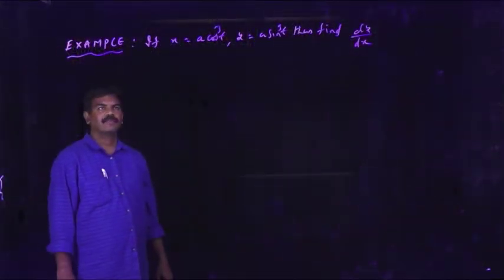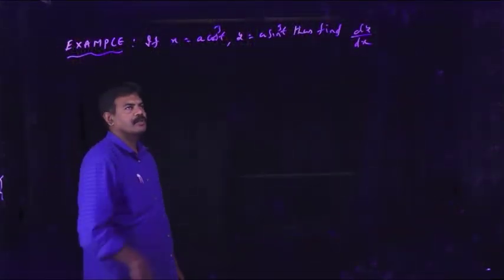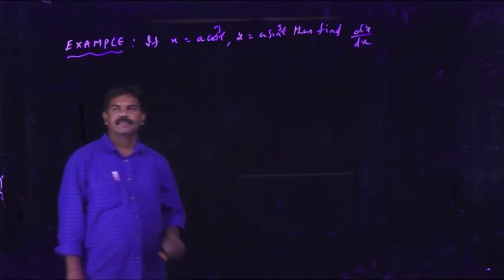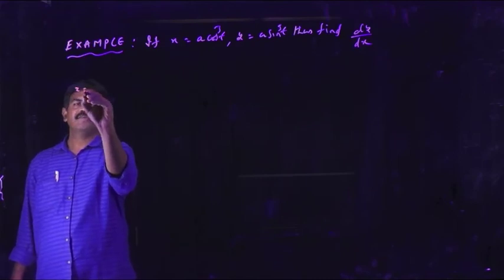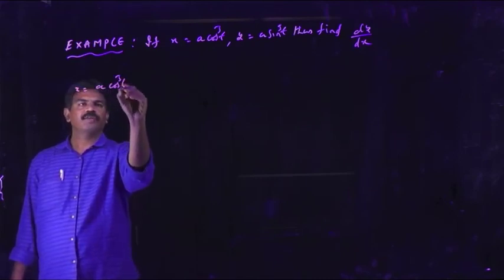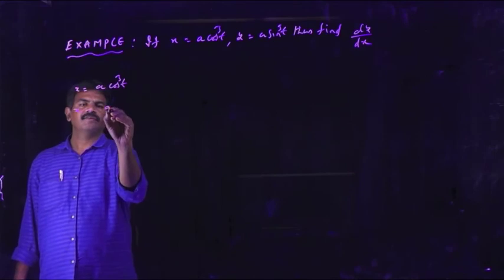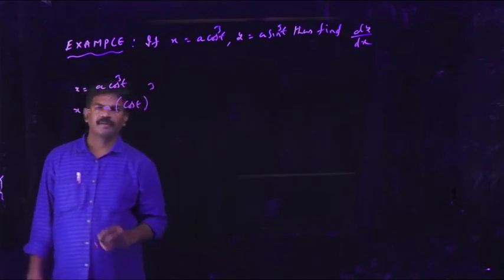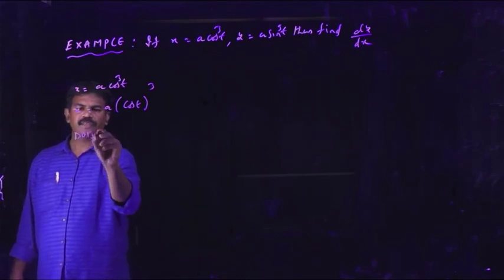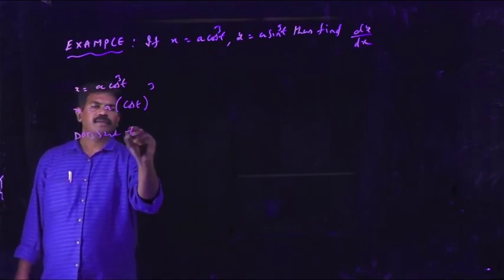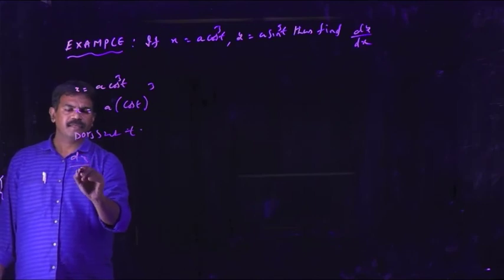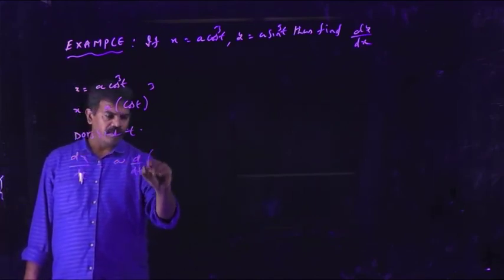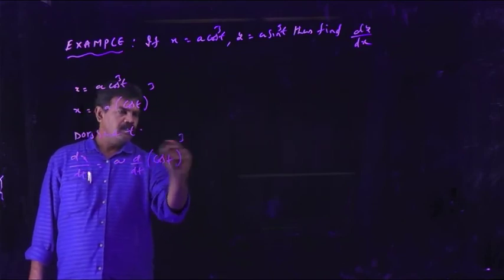Students, see the example. If x is equal to a cos cube t, y is equal to a sin cube t, find dy by dx. First we take x is equal to a cos cube t. We write it x is equal to a into cos t whole power 3. Now differentiating on both sides with respect to t, that is dx by dt is equal to a into d by dt of cos t whole cube.